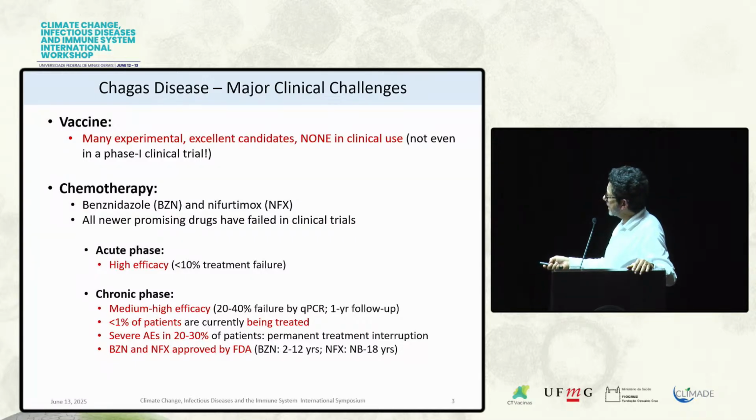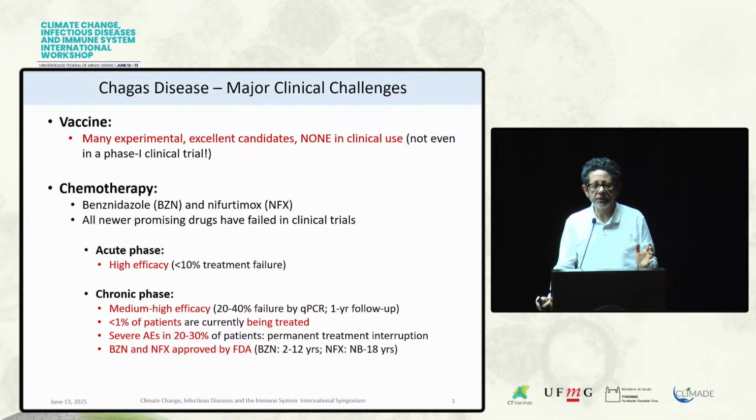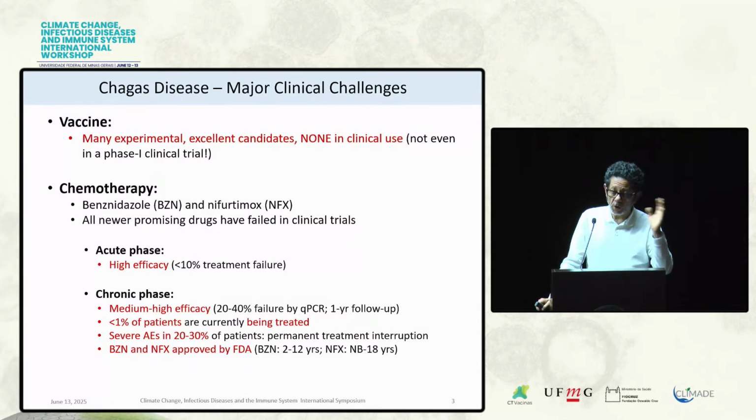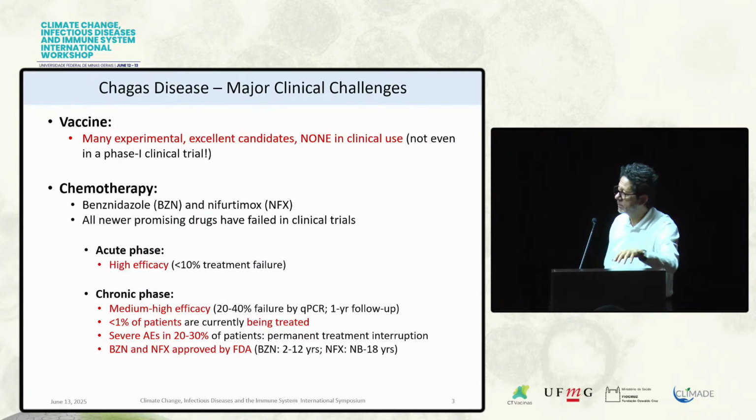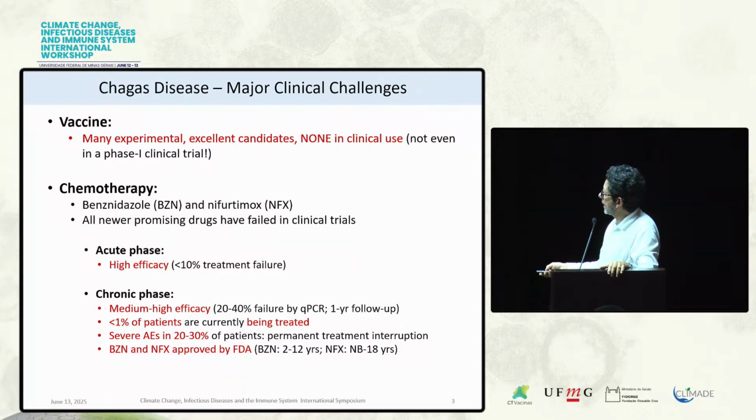In the chronic phase, depending on how you follow up the patient, we and other groups have data showing that these drugs can be as high as 80% effective if you follow up with, let's say, qPCR. The problem is that most of the qPCR data is just for 1 year, and there are many patients in whom, after 1 year, the parasite comes back, and that's a problem.